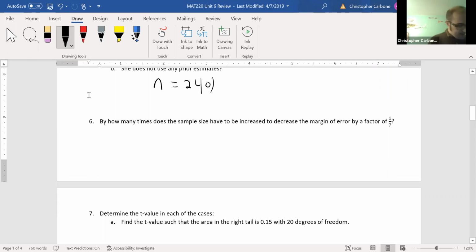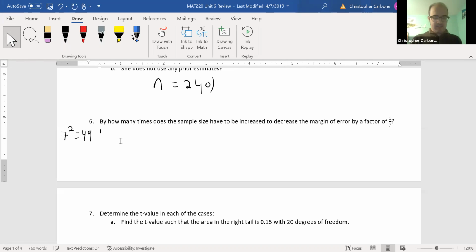Number 6 is how many times does the sample size have to be increased to decrease the margin of error by a factor of 1/7? So we are going to do 7 squared to get ourselves an answer of 49 for that. So whatever's in the denominator, we're going to square it. And there's also a short-ish explanation to go along with that.